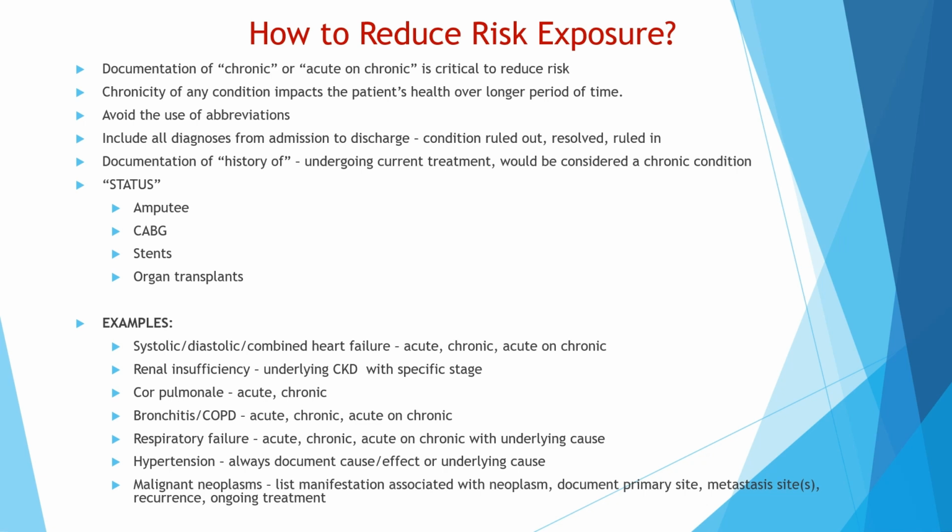Respiratory failure, acute, chronic, acute on chronic with underlying cause. Hypertension, always document cause and effect or underlying cause. Malignant neoplasms, list manifestations associated with the neoplasm, document primary site, metastasis sites, recurrence, ongoing treatment.